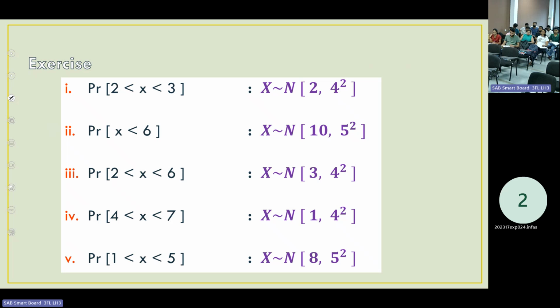So this 2 is the mean of this variable. 4 is the standard deviation of this variable. So they're asking us to find that probability. There we have X. So that means it is the general normal variable.